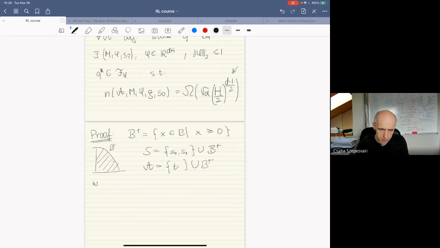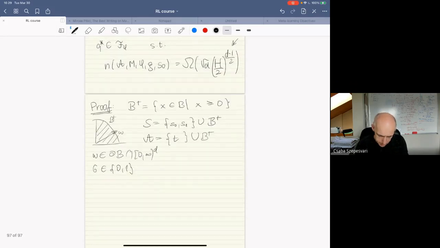There will be a W, which is going to be on the boundary of the sphere intersected with the positive quadrant. So it's some vector here. And sigma is going to be either 0 or 1 in this case. And the dynamics is going to be stochastic.